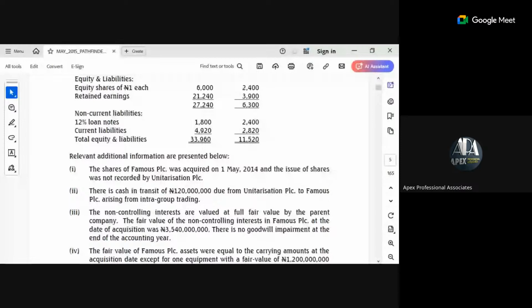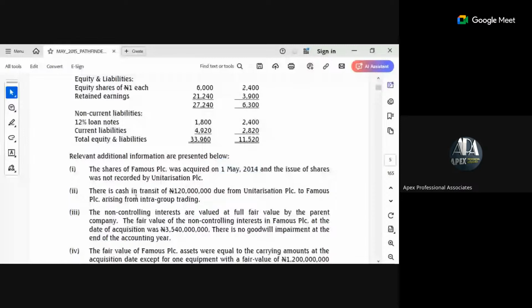We need to know that when computing. So this date, 1st May 2014, is the date of acquisition.